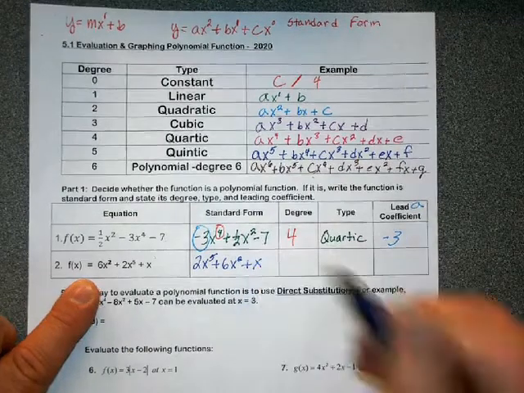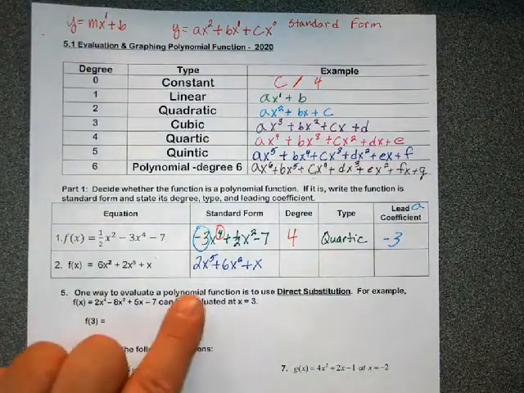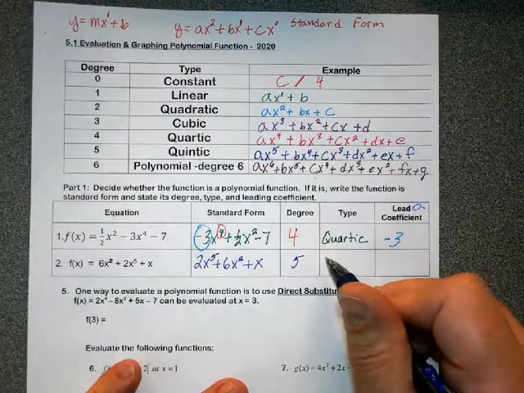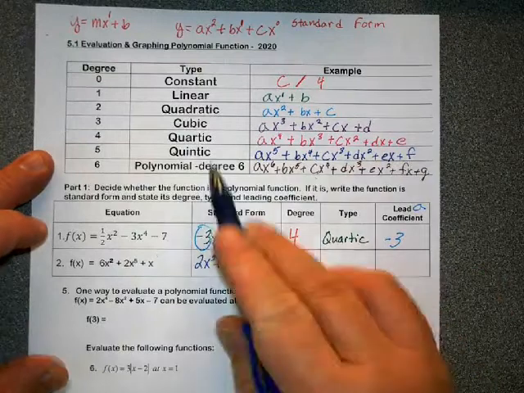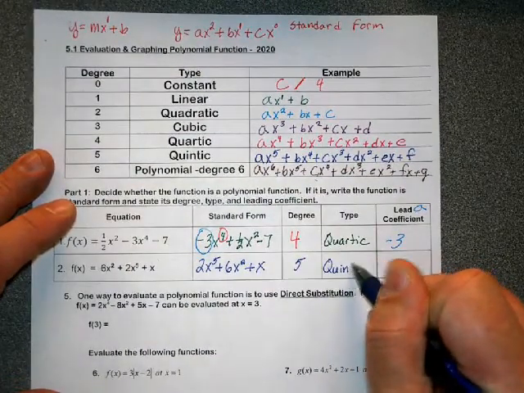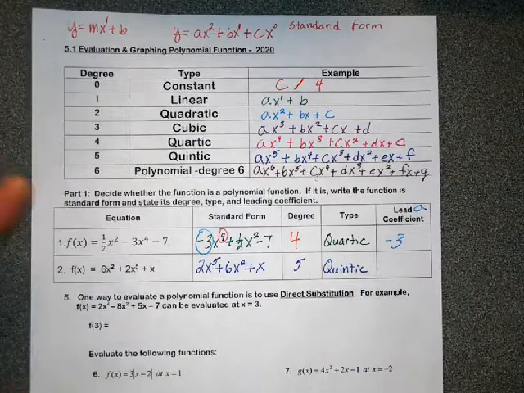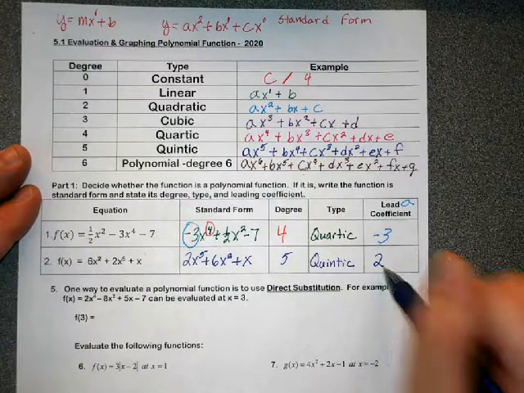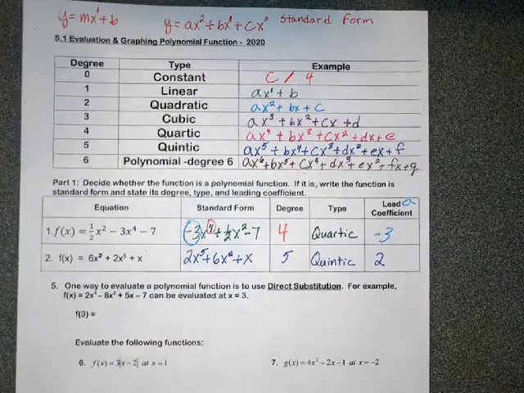My degree is what? 5. Which is a quintic. Yep, quintic. And my lead coefficient? 2. Easy enough, right?